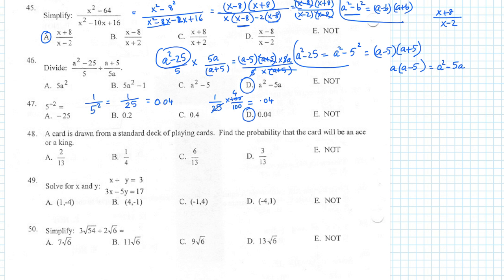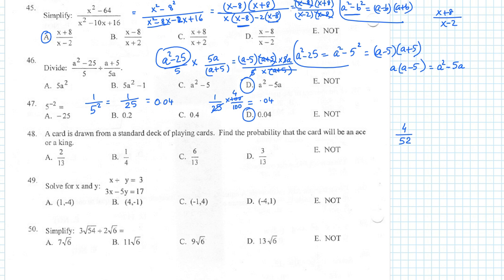Question 48. A card is drawn from a standard deck of playing cards. Find the probability that the card will be an ace or a king. So the probability that the card is going to be an ace, so there are 4 aces, so the probability that it's going to be ace is 4 divided by 52.